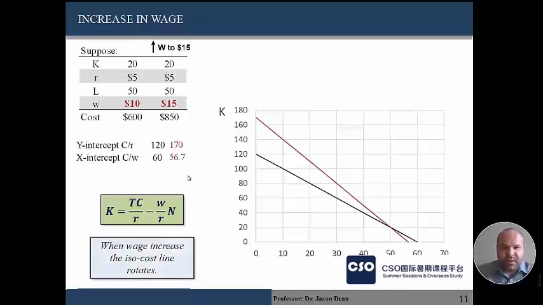So this is the new ISO cost line. They're both going through the point (20, 50), because we're picking the point with capital of 20 and labor of 50. And so when the wage increases, it's going to rotate the ISO cost line around this point.